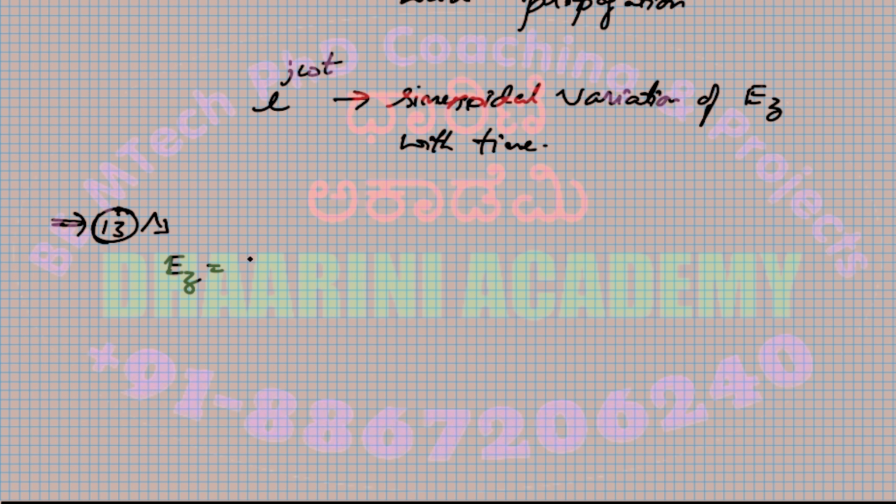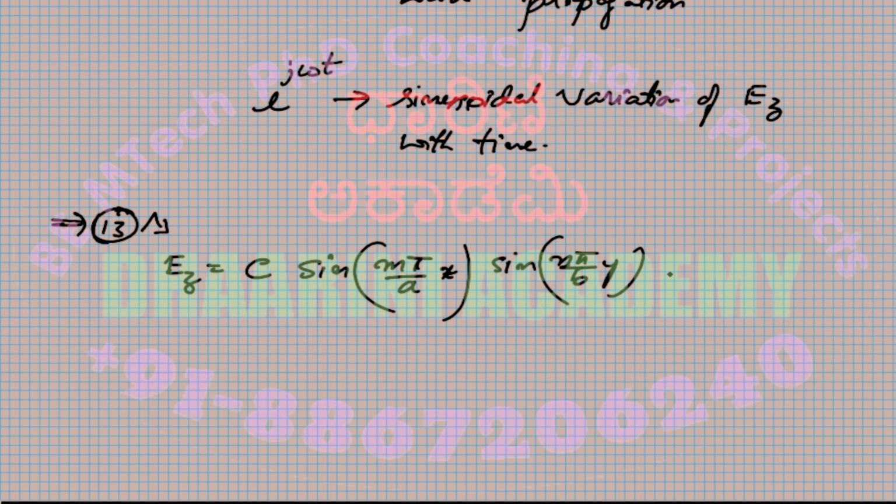So the C to C4 generates your amplitude. We'll call it C. C sine of m pi by a into x, into sine n pi by b into y, e to the power.